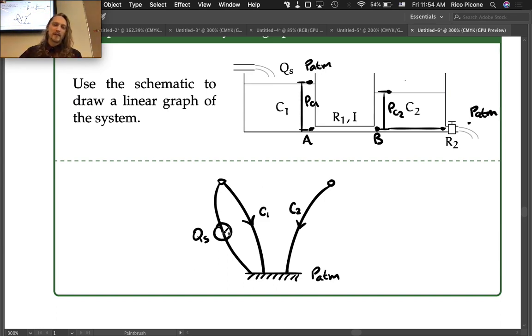So if positive flow into the system builds pressure here, that's the direction we need to draw this volumetric flow rate source. If you had a pressure drop, like creating some pressure head, it would need to go the other way because we need to go from high pressure to low pressure. Right now we're going in the direction of fluid flow into the capacitor.